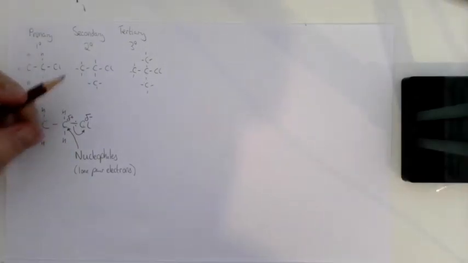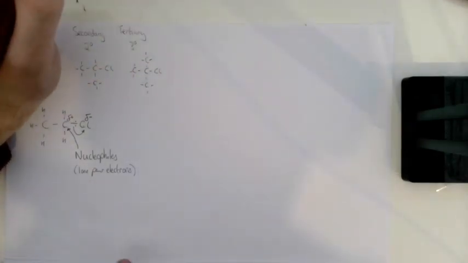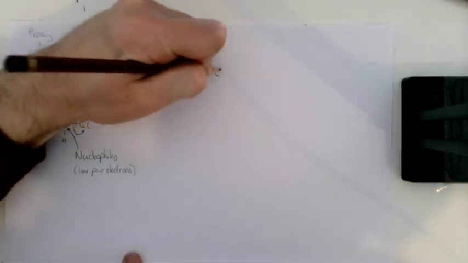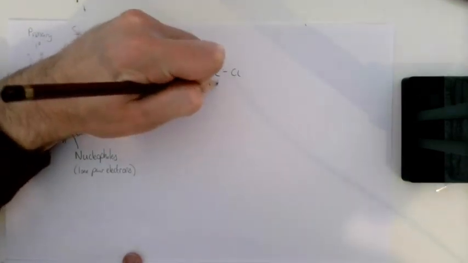Some examples of nucleophiles that might attack: there are three, I'd say, really important ones that you need to be able to give the mechanism for. The first, I'm going to stick with chlorine again.